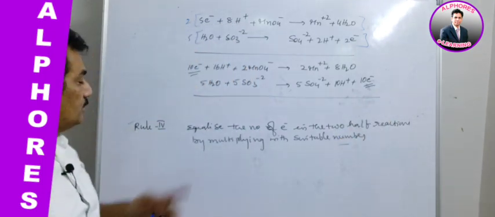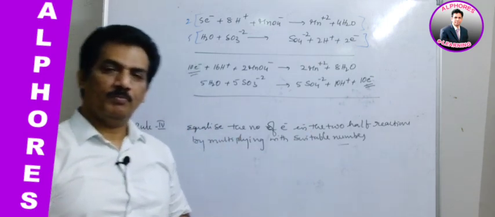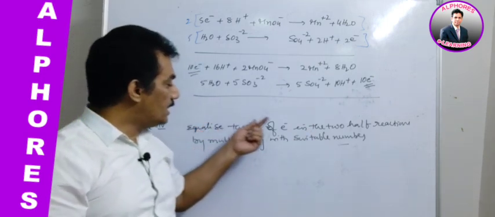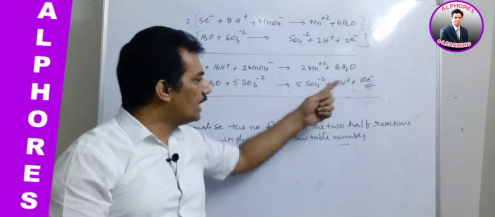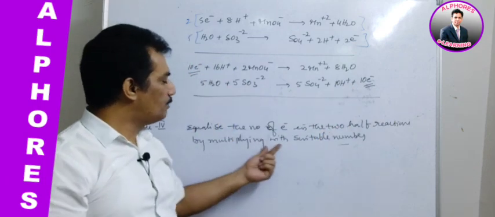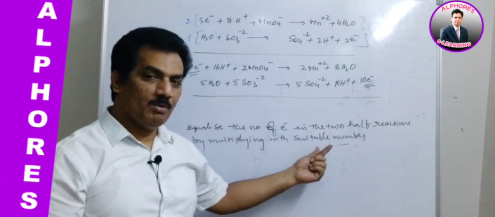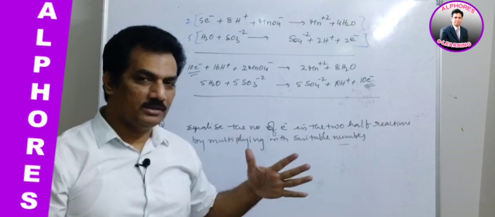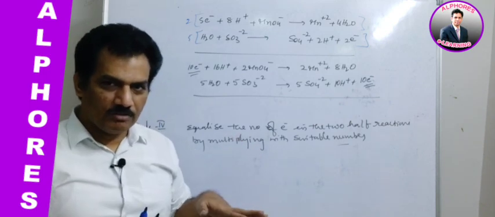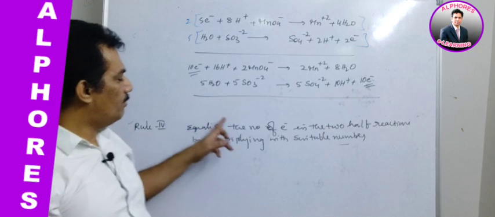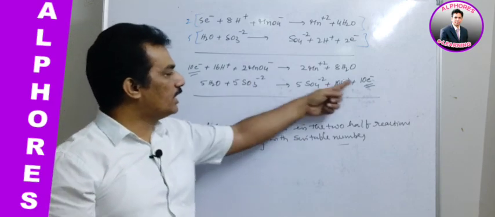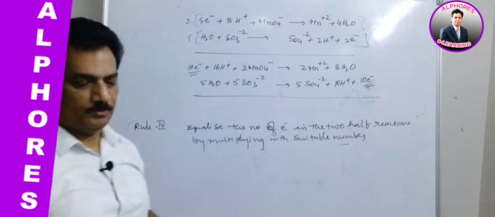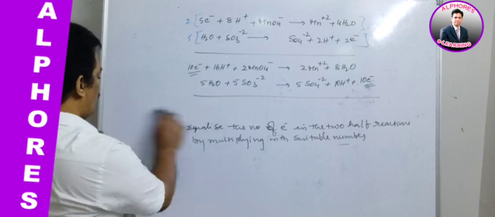Are you following? That is the meaning of rule number 4: equalize the number of electrons in the two half reactions by multiplying with a suitable number. Remember, you multiply the total equation, not only the electrons, and thereby you get an equal number of electrons. That is rule number 4.